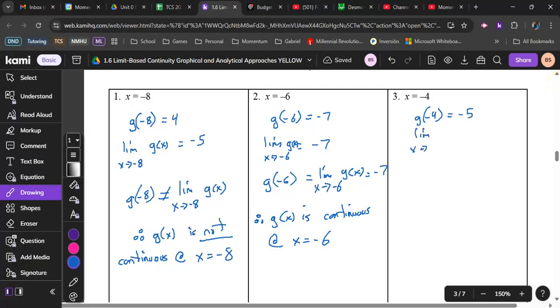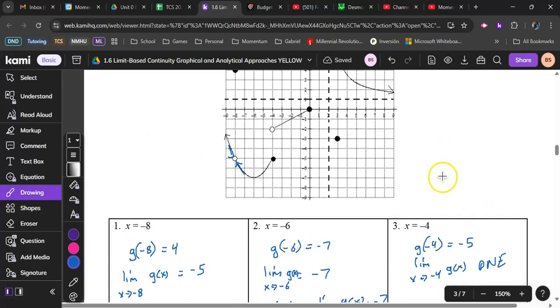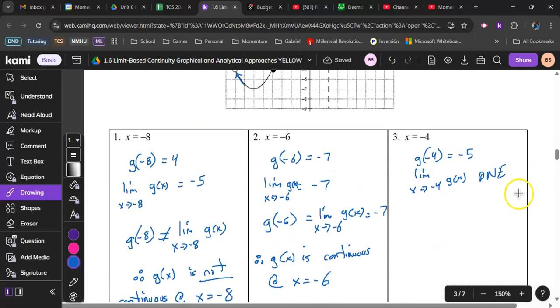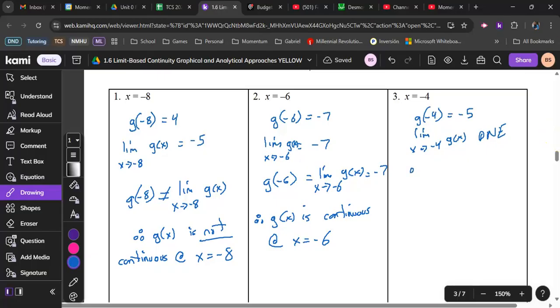The limit as x approaches negative 4 of g of x does not exist. Look here. Therefore, there are 2 different things from left to right. Therefore, x equals negative 4.